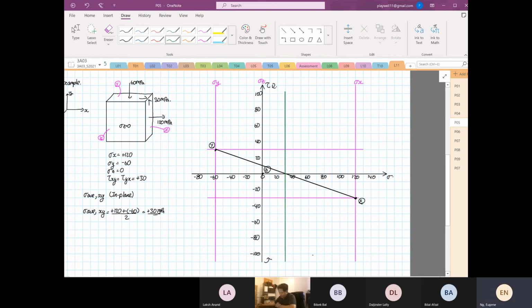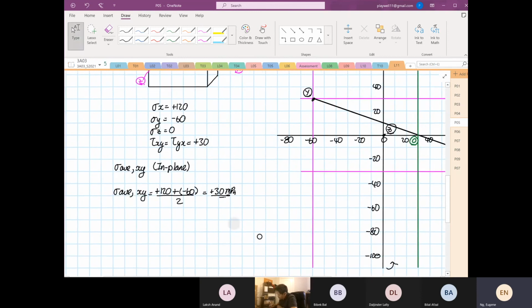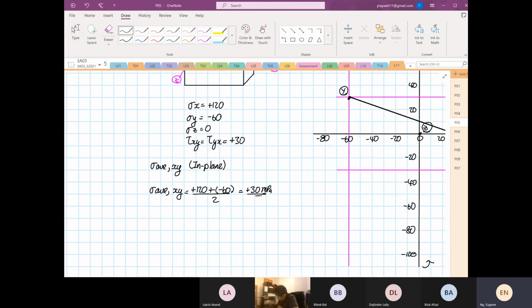So the next thing is I'm going to call it our point O down here. The next thing we can do is calculate the radius of the circle.